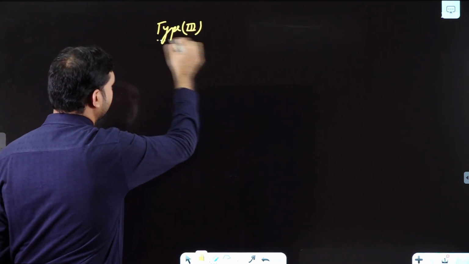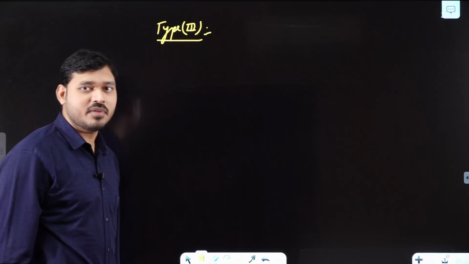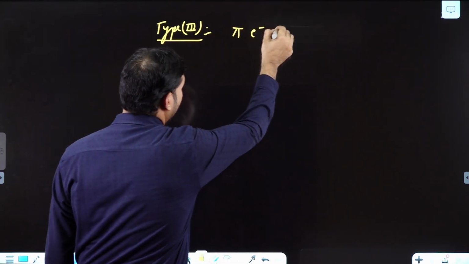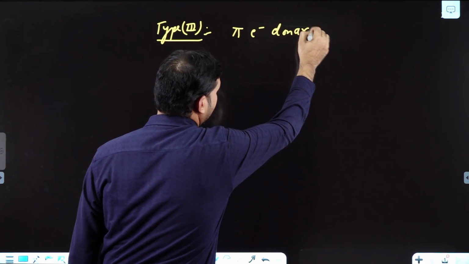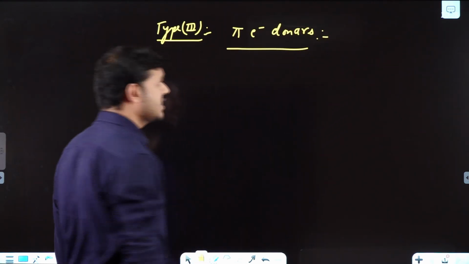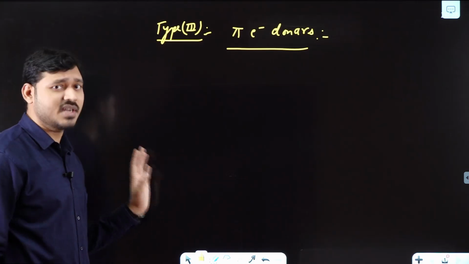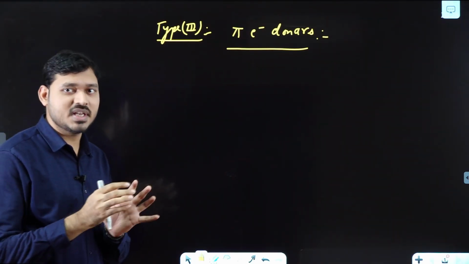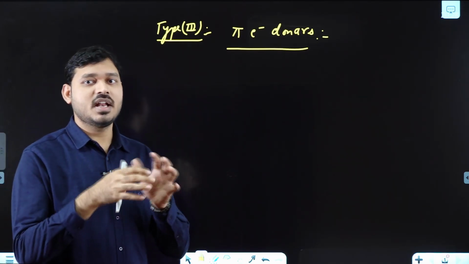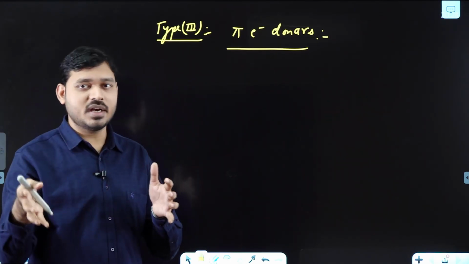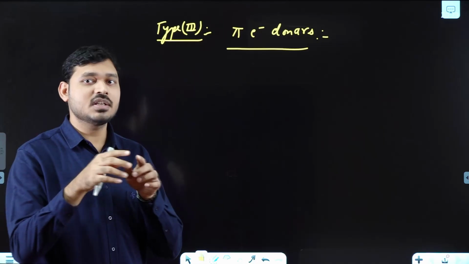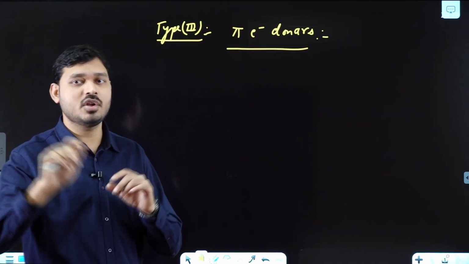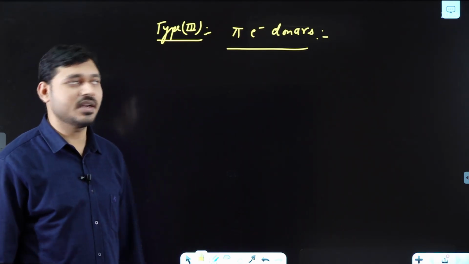Type 3. So this is the third type of nucleophiles. Pi electron donors. So dear students, this is one of the most important cases. You have to understand what are pi electron donors. Pi electron donors means they have electron pairs which will be donated due to pi bond. Means that pi bonded electrons will be donated to any electrophile or electrophilic center. Okay.